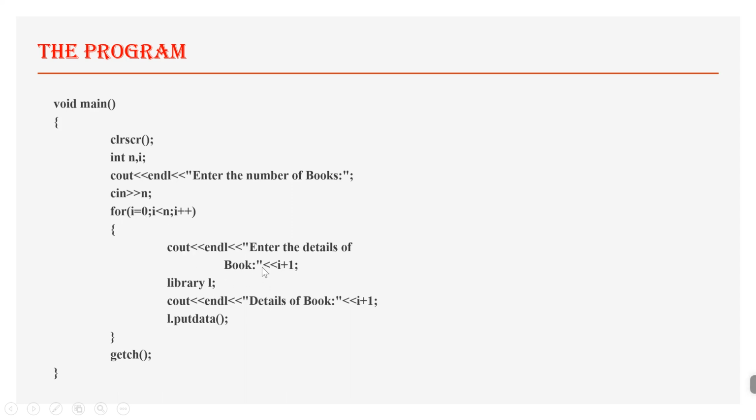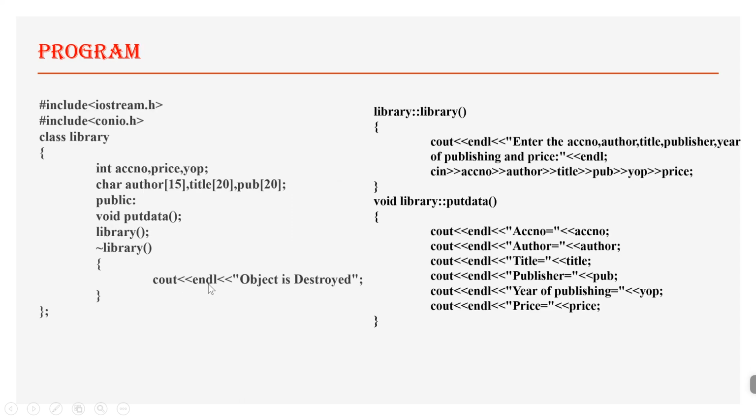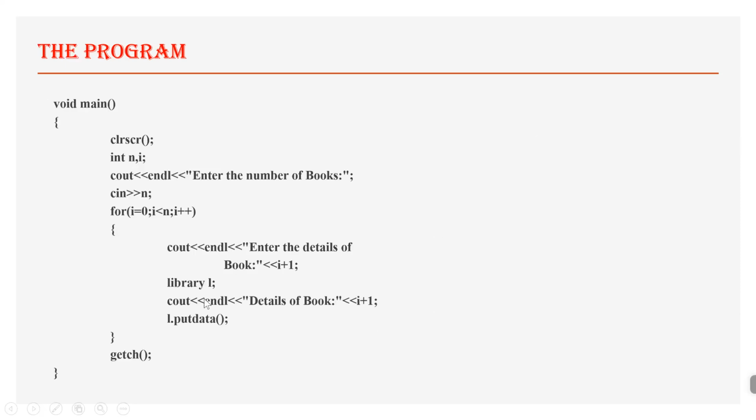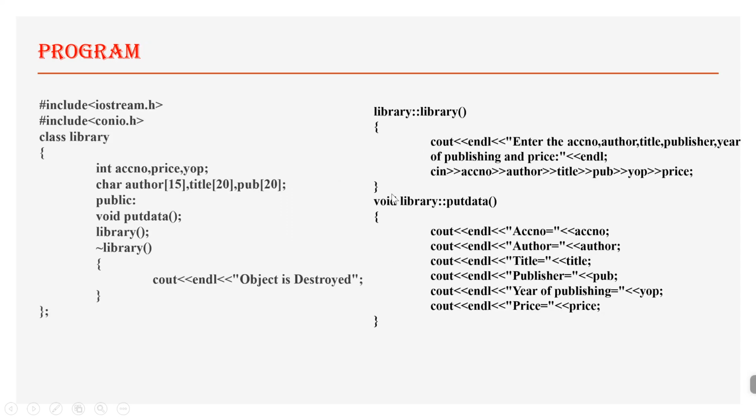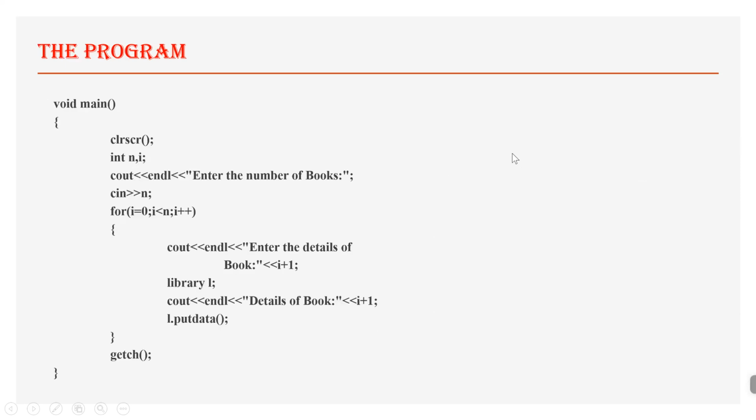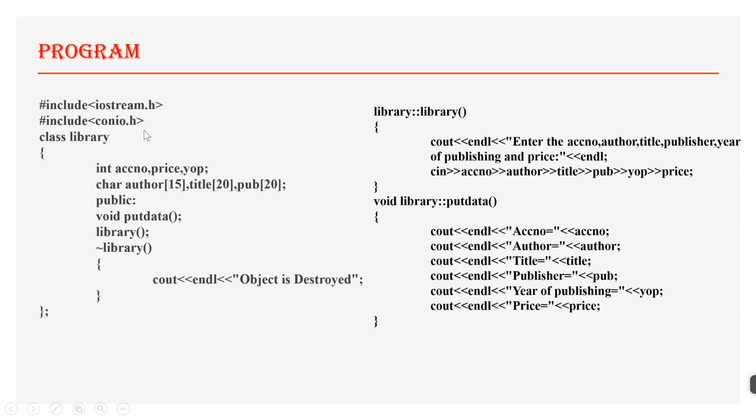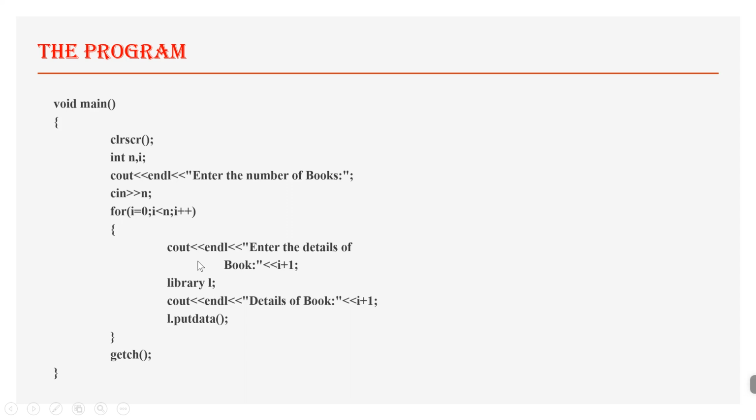Enter the details of book 0 plus 1, that is the first book, library L. So it will execute this function, I will enter the details of the first book, and then L dot put data will execute. Once it is executed, before going to the next one, the destructor will automatically work, so that object will be destroyed.